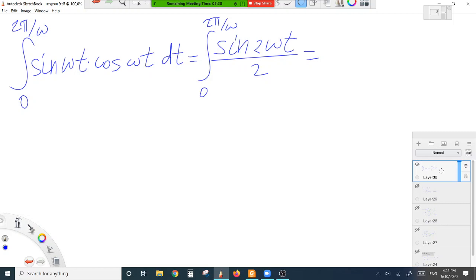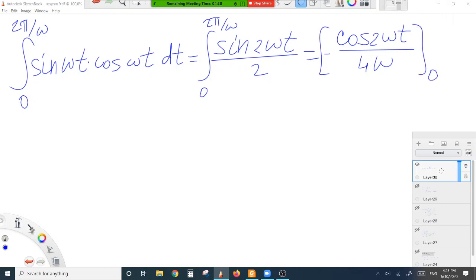If we integrate it, the integration of sine should be minus cosine, so minus cosine 2 omega t over 4 omega, and it changes from 0 up to 2π over omega.